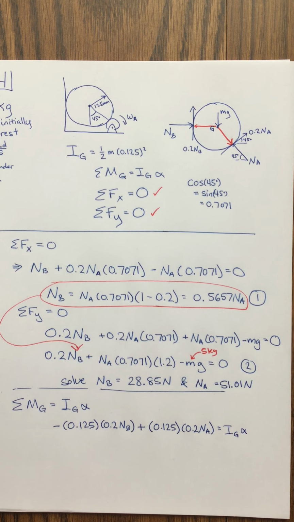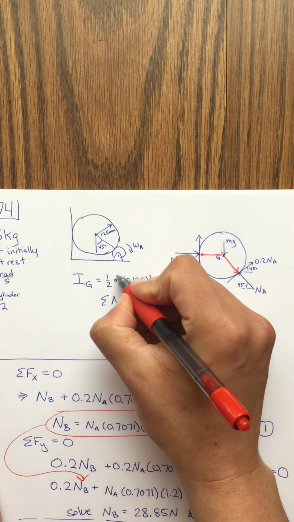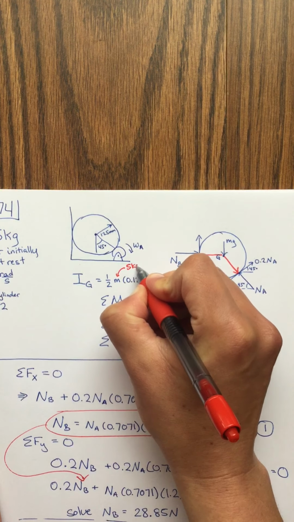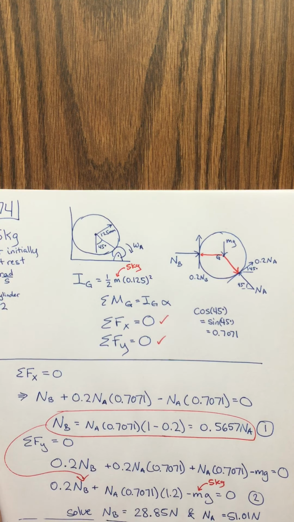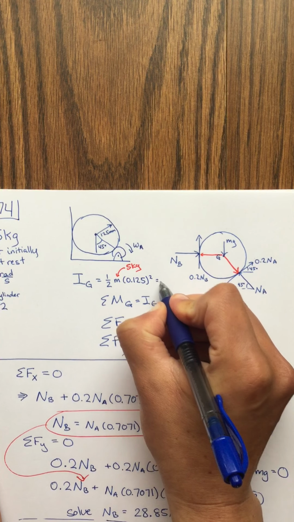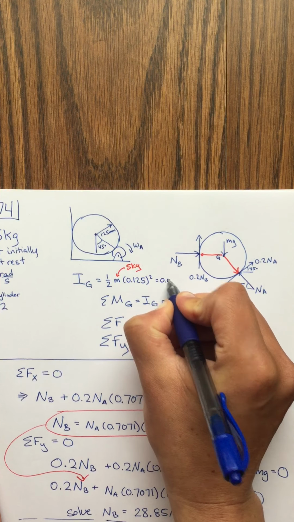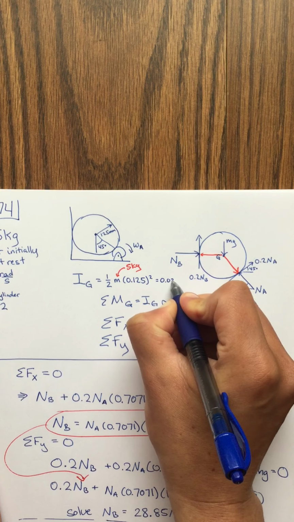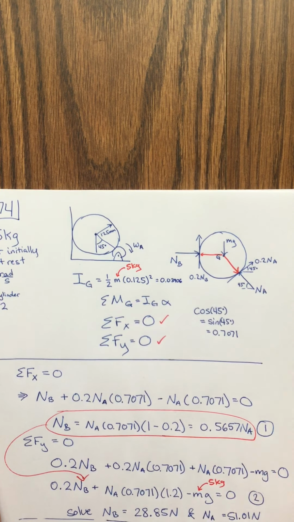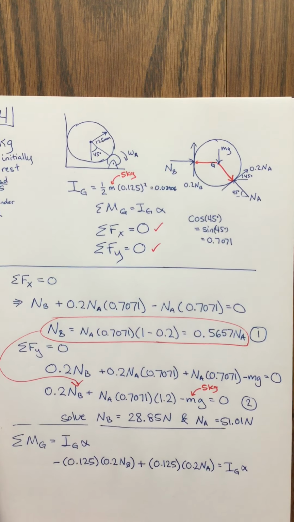Okay, so now I need my moment of inertia. This mass is 5 kilograms, and so if you plug that in, you get for the moment of inertia 0.03906. So there's our moment of inertia.